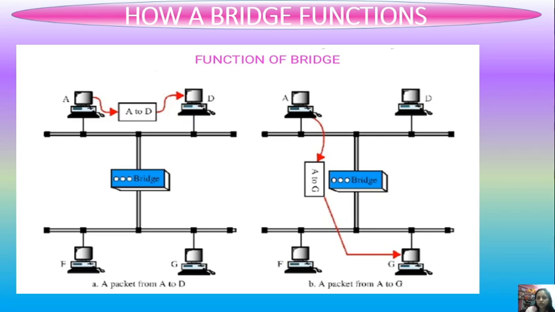Another side means it relates with a different network. So here A is sending message to G, and in between you can see bridge is there. So using this bridge, A is sending message to G. So this is the working here.